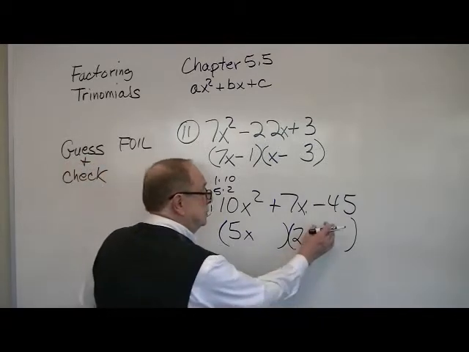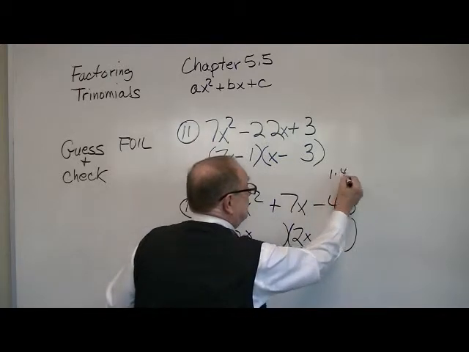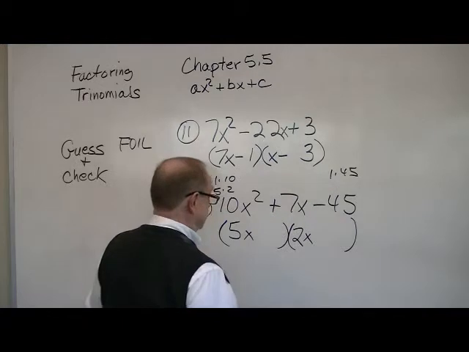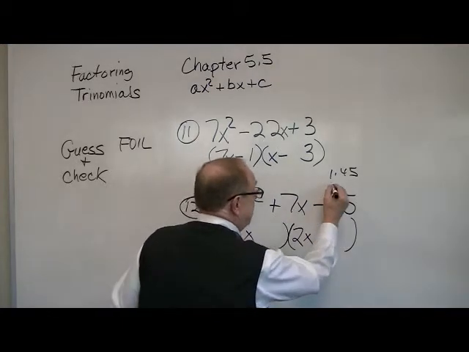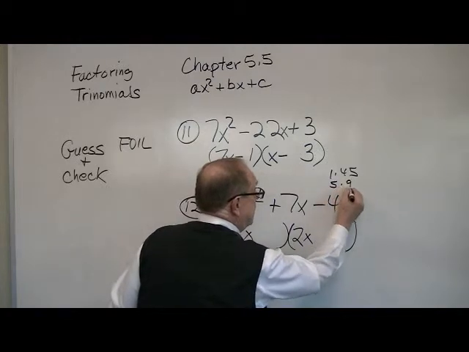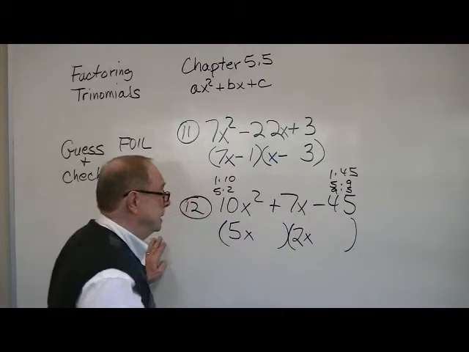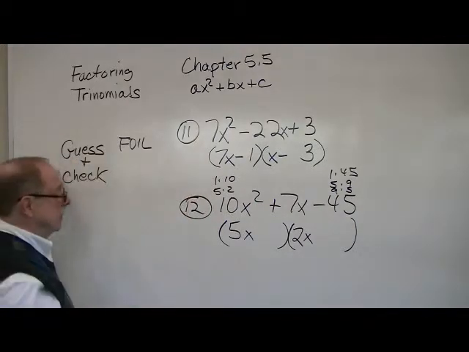Now, as we get to 45, again, it's 1 times 45, and that doesn't look like it's going to be a solution with 7 in the middle. But then we have 5 and 9, and 9 and 5 to play around with. Remember, it's guess and check.